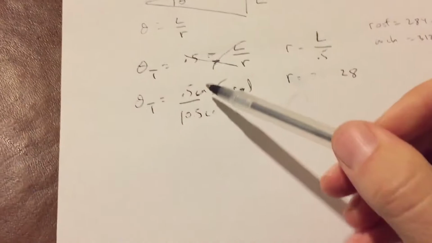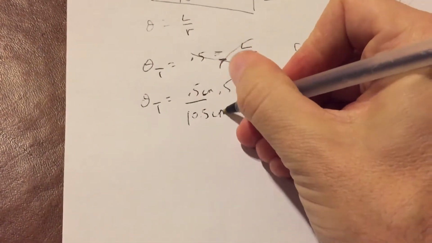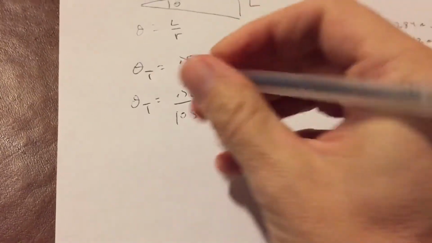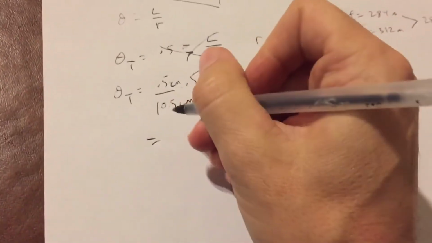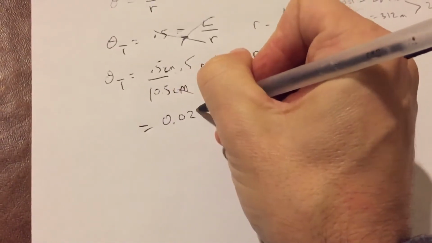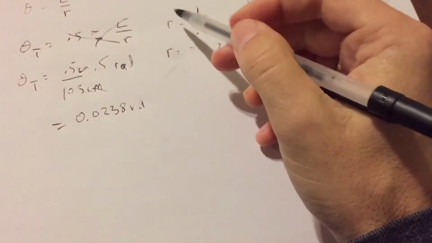Okay, so now I have 0.5 centimeters over 10.5 centimeters, and the centimeters cancel, and I get the answer in radians. So I get, if you put that in your calculator, which I already did because I thought ahead, 0.0238 radians.